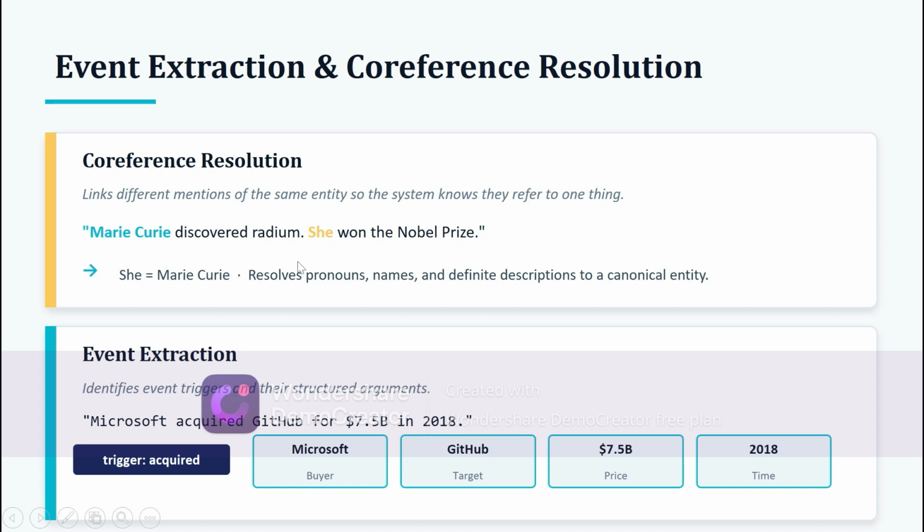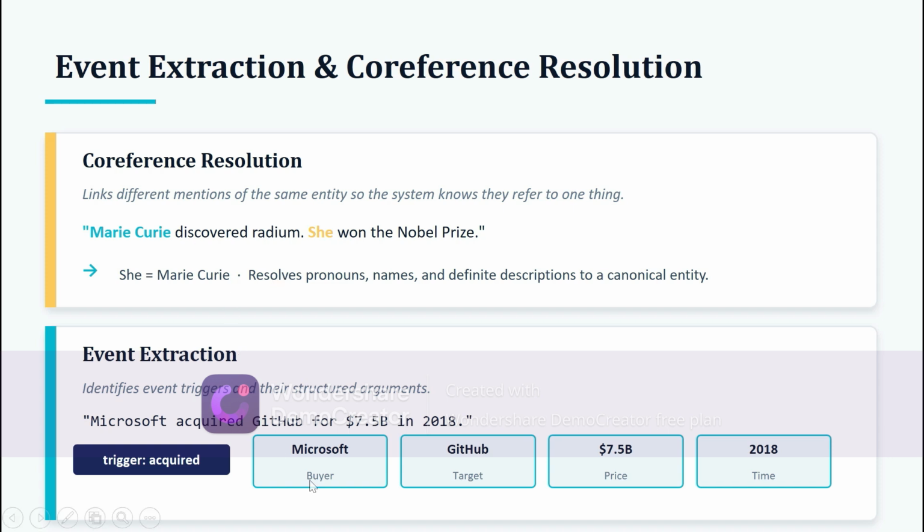A human reader instantly knows she refers to Marie Curie, but a machine doesn't. Coreference resolution links different mentions, pronouns, partial names, definite descriptions, to the same canonical entity. Without it, downstream reasoning loses track of who did what.